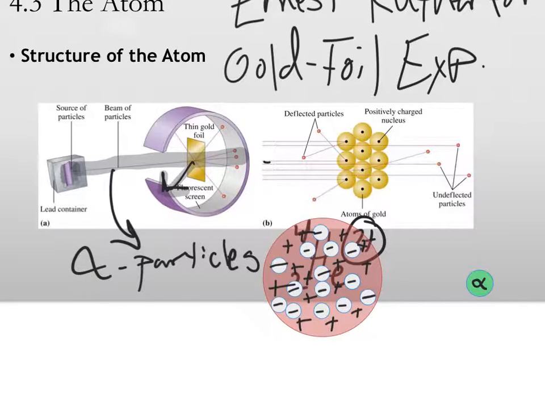It would only do that if it had a very, very densely located and massive nucleus that is positively charged itself. Like charges repel each other, so when the alpha particle comes towards the atom, if it comes near it, it'll get deflected on fairly large angles. If it hits it directly, it goes almost backwards and towards the source even occasionally.